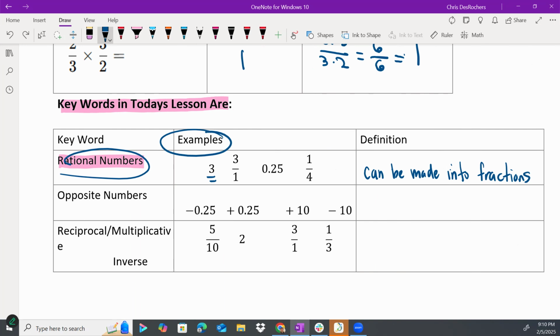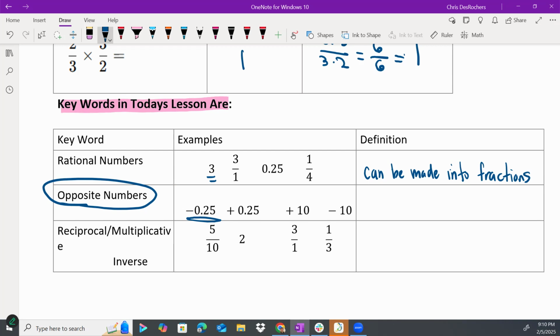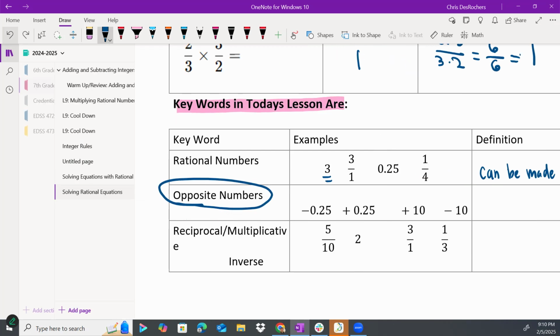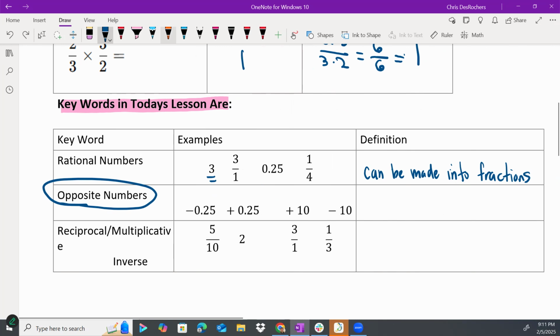Now let's look at the next set of information here. And next keyword, we're looking at opposite numbers. We have negative 0.25 and we have positive 0.25.